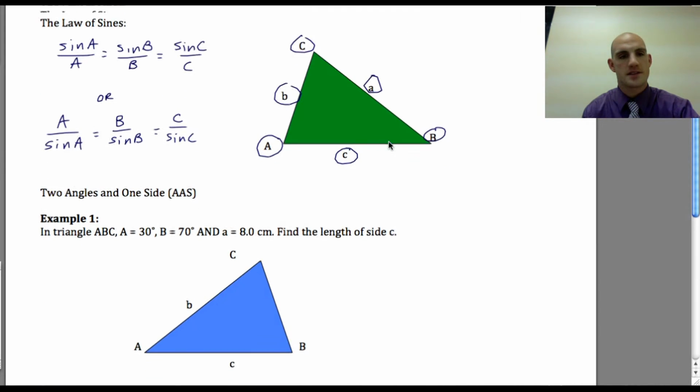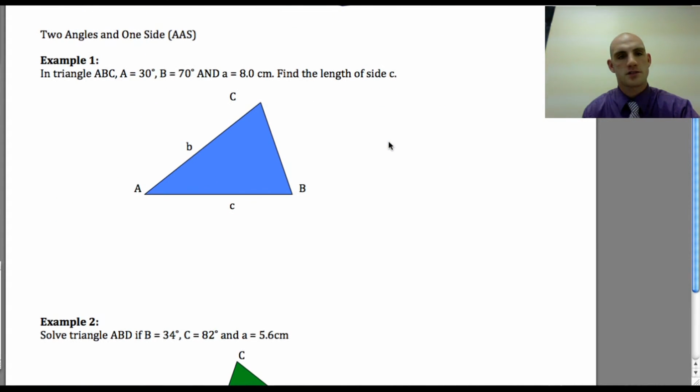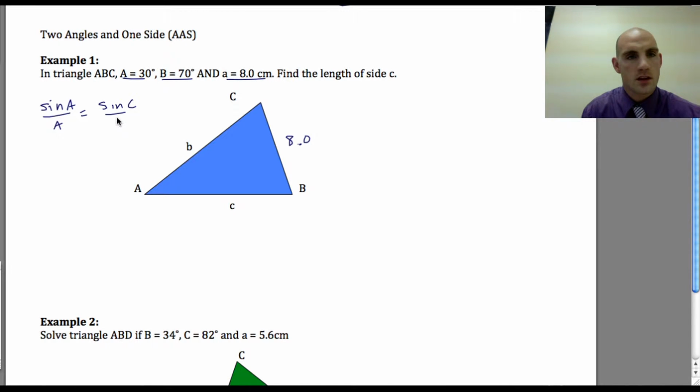Our first case is this: two angles and one side. So we've been given two angles and a side, and I'll fill that in. And we want to find the length of side C. In doing this, we're going to set up a ratio. We know that the sine of A over A is equal to the sine of C over C is equal to the sine of B over B. This is the law of sines.